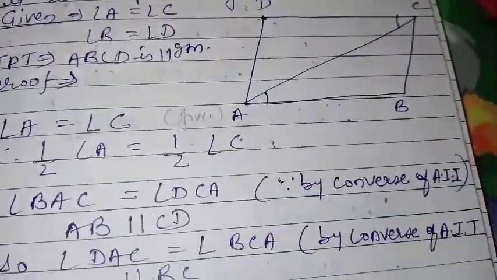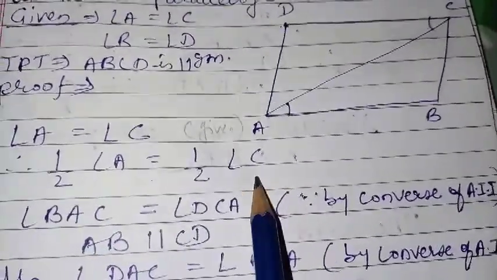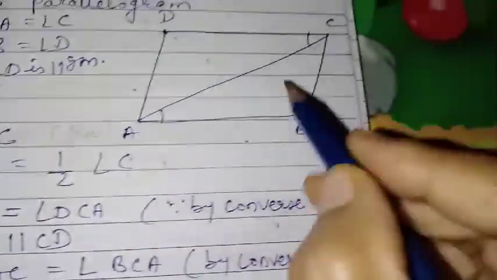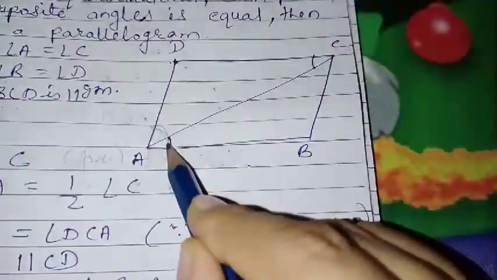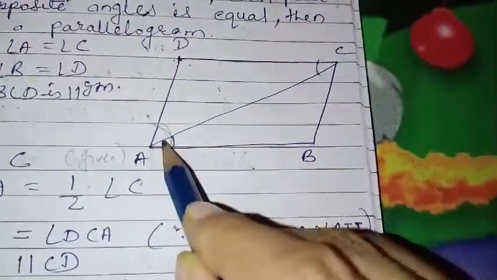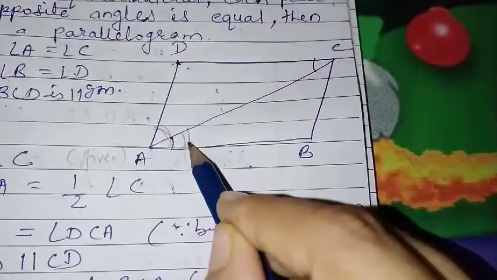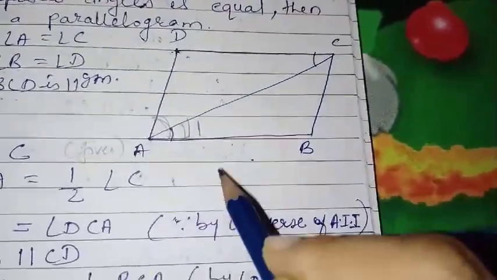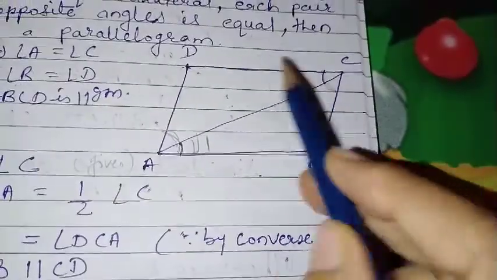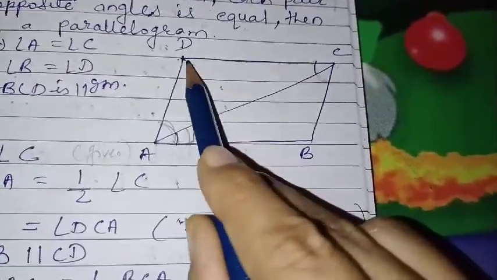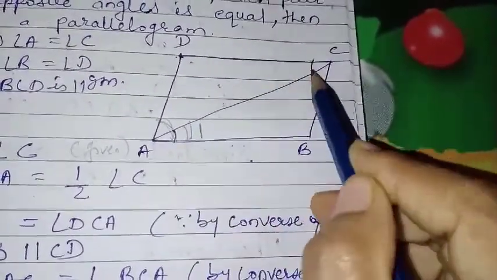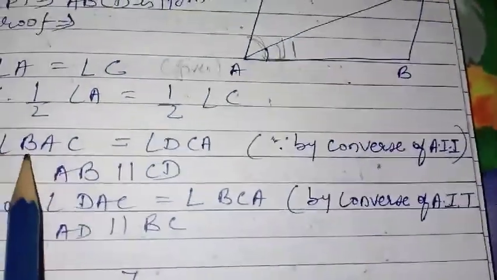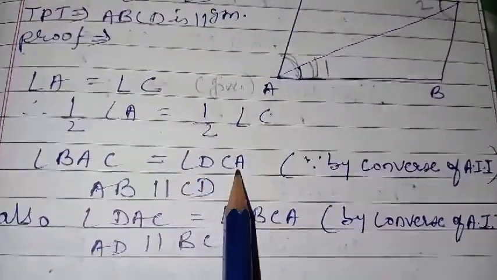So half of angle A will be equal to half of angle C. Half of angle A means angle A का जब हम half करेंगे तो we will get angle BAC, isn't it? This one, or you can say angle 1. And half of angle C, which angle will you take? You will take DCA, that is this one, angle 2. So angle BAC is equal to angle DCA.